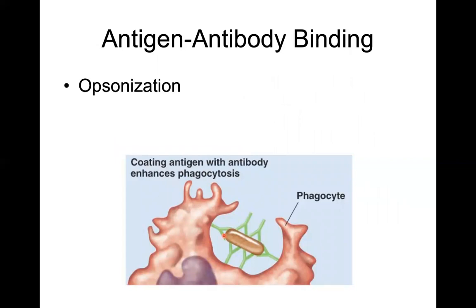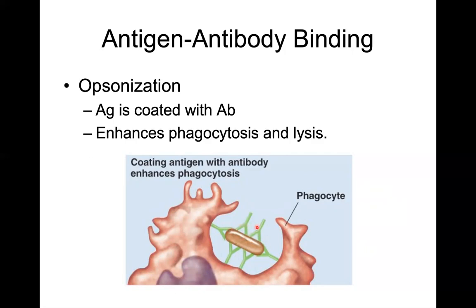Here's a different mechanism of action that antibodies are taking. You can see again, it's binding to some foreign bacterial cell. This process here is called opsonization. And you can see that this antigen is coated with different types of antibodies. These are all different antibodies that are binding to different epitopes.